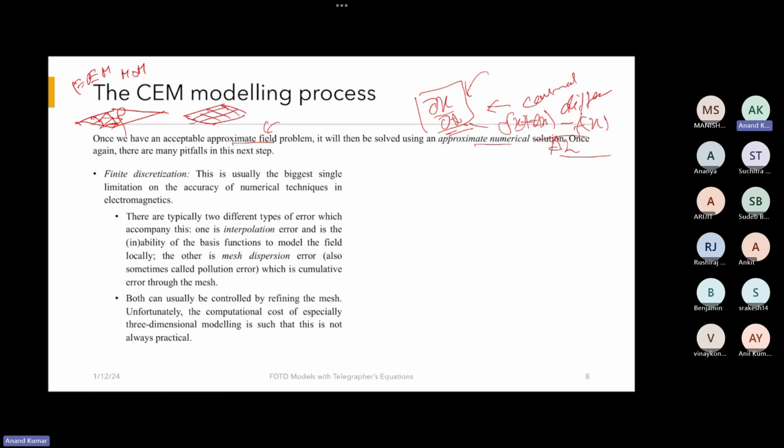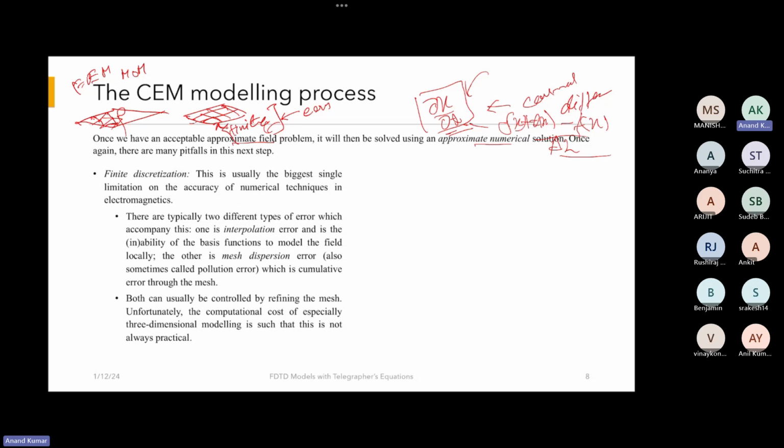So these discretizations are finite. Since these are finite, there could be some errors if we do not do this discretization properly.